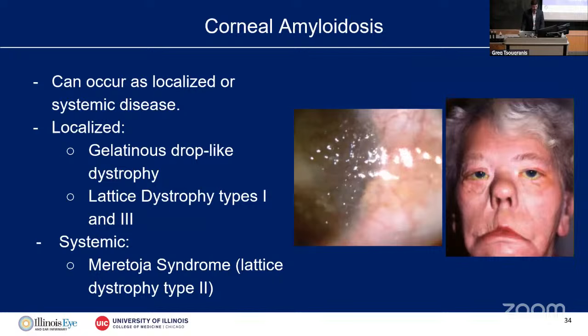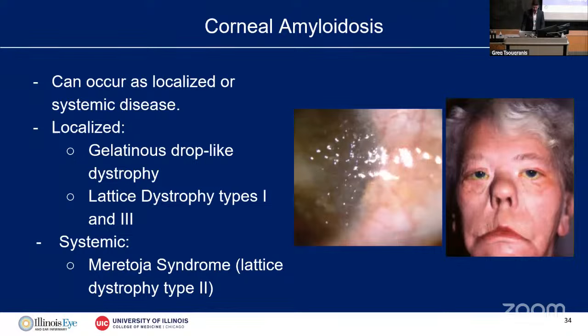Amyloidosis also has implications on corneal pathology, and can occur as a localized or systemic disease. Primary localized corneal amyloidosis has two distinct inherited forms, which is gelatinous drop-like dystrophy, which is a rare corneal condition characterized by amyloid deposition subepithelially in the stroma. And then also lattice corneal dystrophy types 1 and 3.